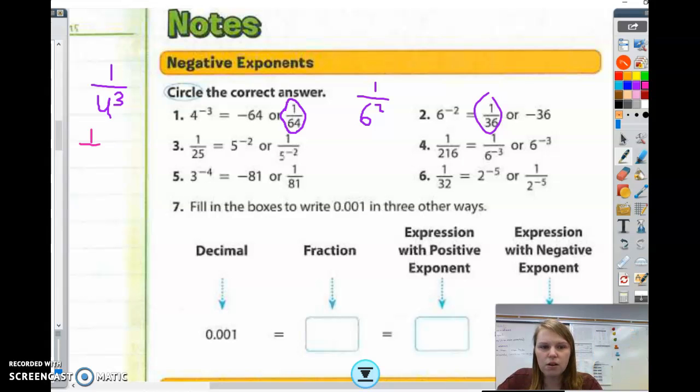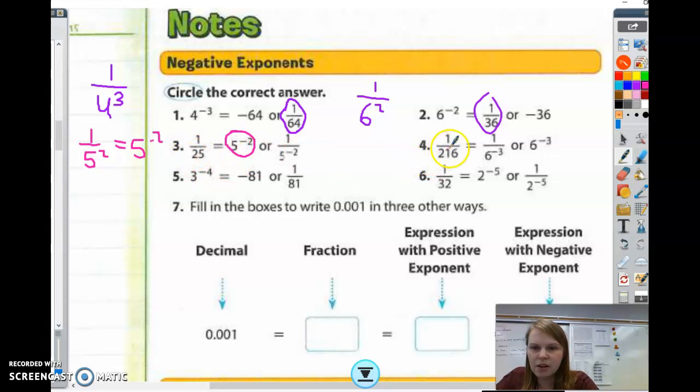Isn't that 5 squared? Okay, so you could say 1 over 5 squared. That's not an option. There's a negative here, but that's not what we want. So 1 over 5 squared, if we want to flip this to the top, then this becomes a negative exponent. So 5 to the negative second. So it looks like this one would be our answer.